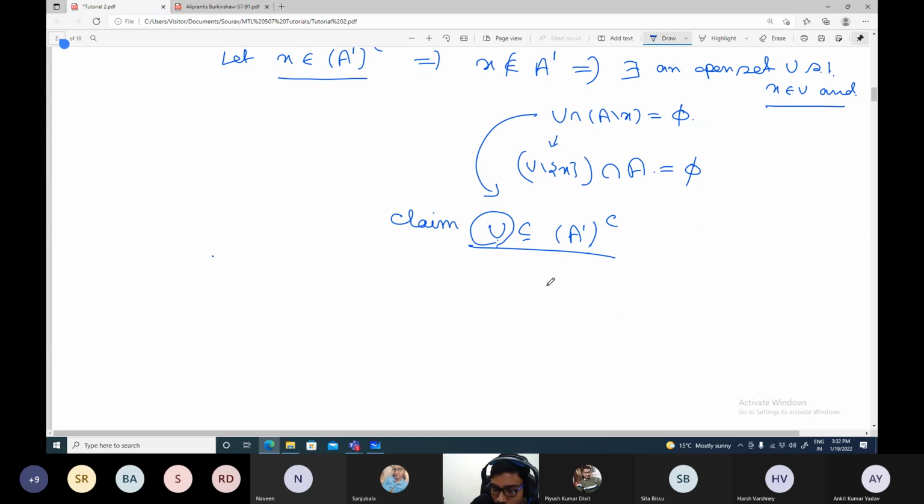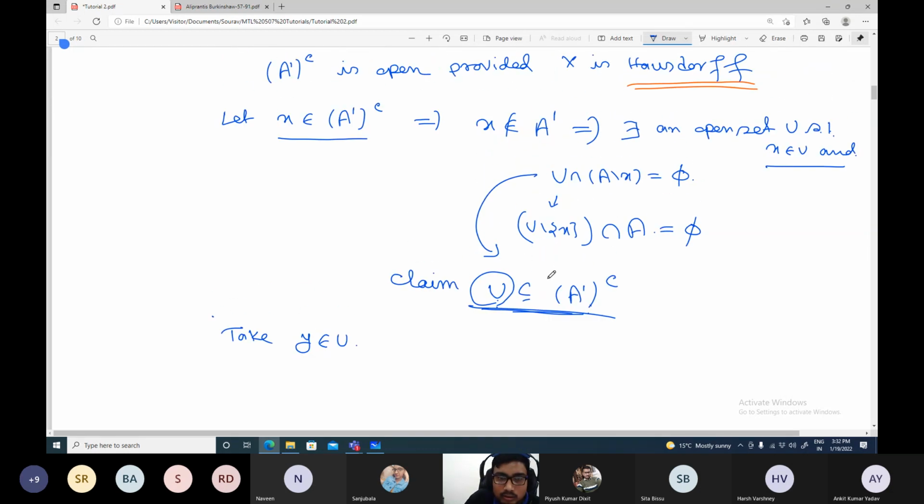Our aim is to prove U is contained in here. So take an element Y from U. Now X is already in A complement, right? So take some element Y from U where Y is not equal to X.